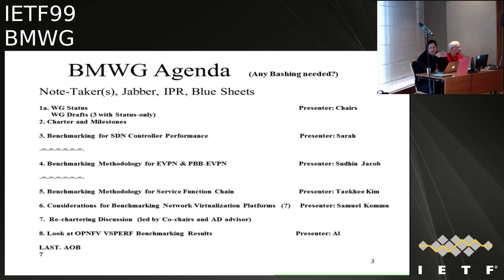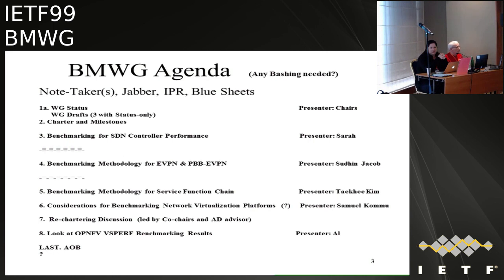But it leads us to a recharting discussion, which I put on the diagram here. I forgot to reorder these in the online agenda, so that's okay.